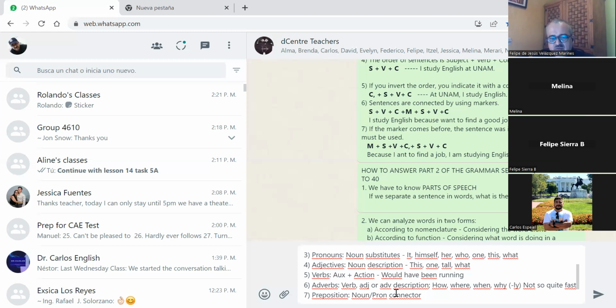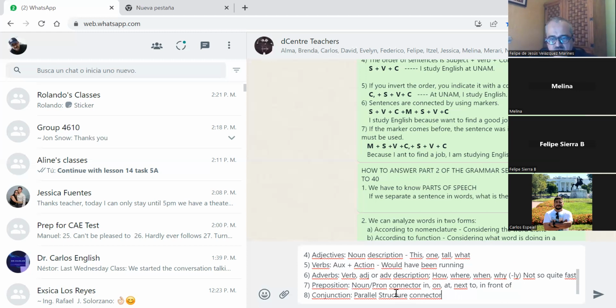Prepositions: in, on, at. Prepositions of one word. Next to, close to, according to, prepositions of two words, or in front of, preposition of three words. Conjunctions are connectors of parallel structure, and they can connect nouns with nouns, like Juan and Sofia, or verbs with verbs, rock and roll.